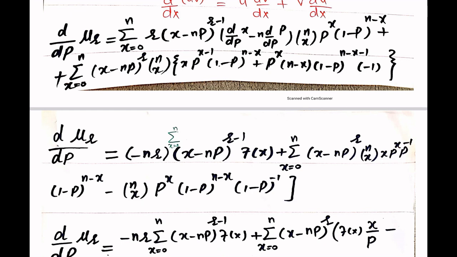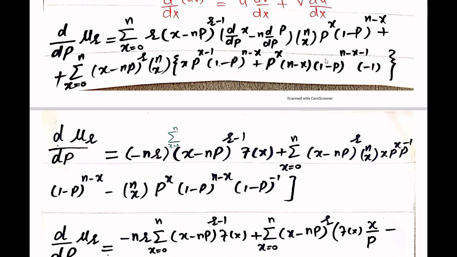So this minus sign converts plus into minus, minus ncx. I use here ncx because it is the combination. In short form we write it as nx, but it is called ncx. p power x, (1 minus p) power n minus x.